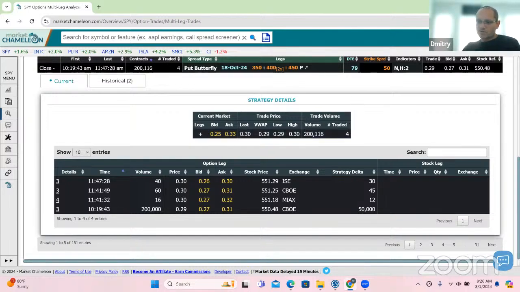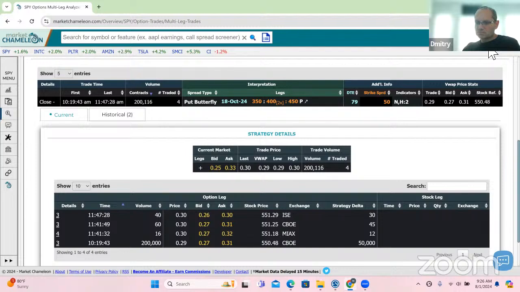So it traded at 29 cents. The market was 25 cents, 33 cents. So the trade is still in between the mark to market, in between where the last bid and offer was, where we clocked it. Right? The last time it traded was 30 cents.